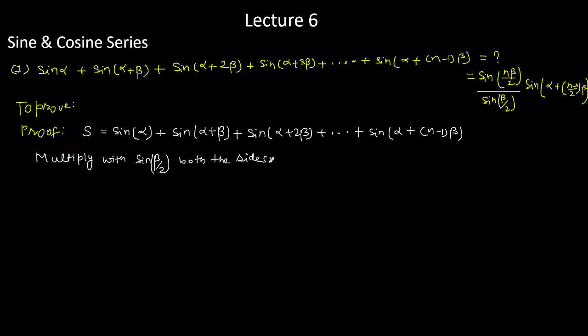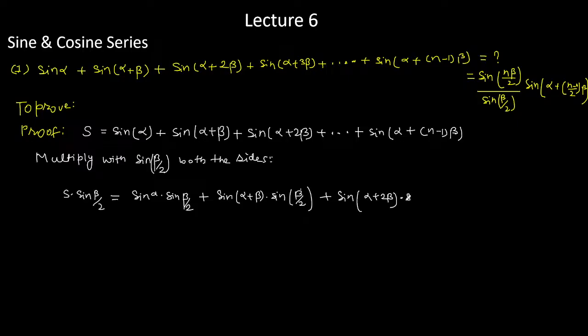So it is S into sine beta by 2 equal to sine alpha sine beta by 2 plus sine alpha plus beta sine beta by 2 plus sine alpha plus 2 beta into sine beta by 2 plus dot dot plus sine alpha plus n minus 1 beta into sine beta by 2.